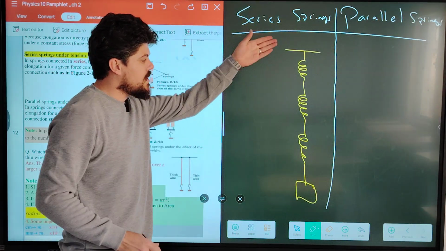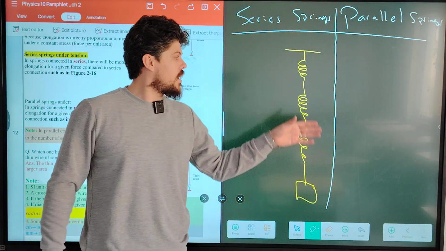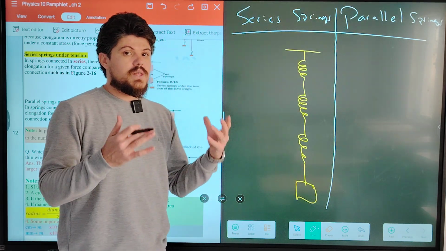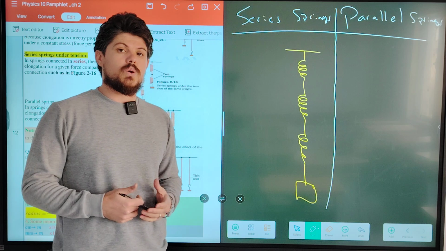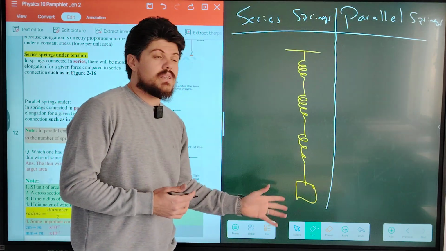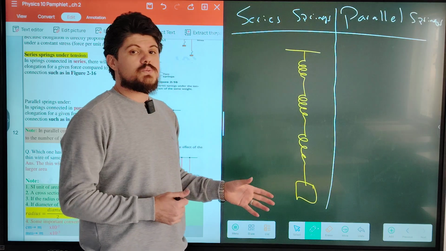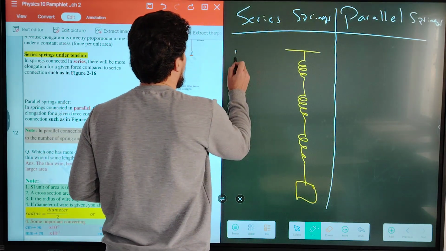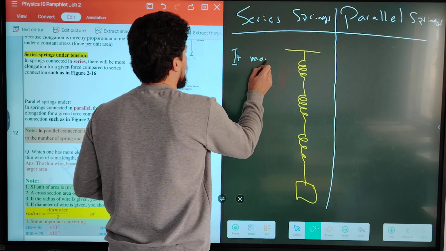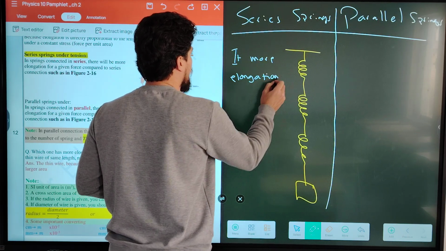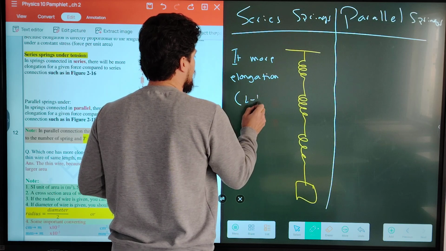When there are three or four springs connected in series, as we can see in this figure, the amount of elongation becomes more and more. Why? Because when the springs are connected in series, its length gets more. So when the length gets more, elongation also becomes more.